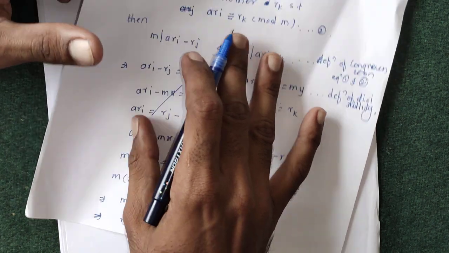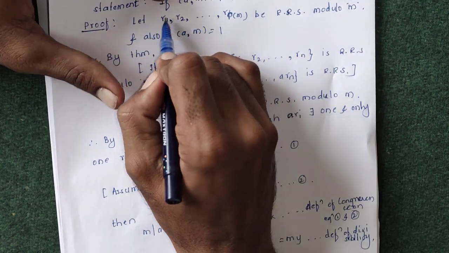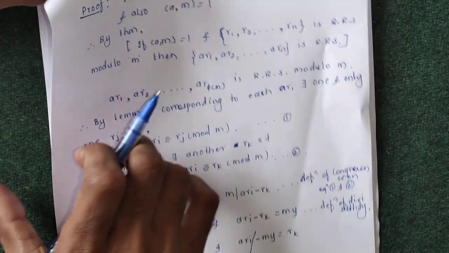A reduced residue system says that these integers R1, R2 up to Rφ(m) are not congruent to each other. So this is a contradiction.